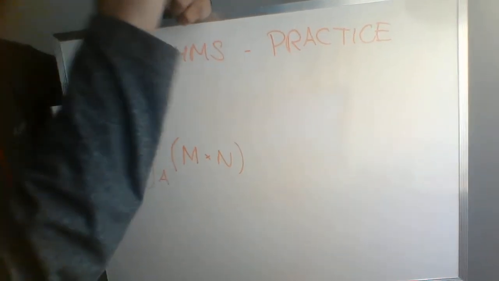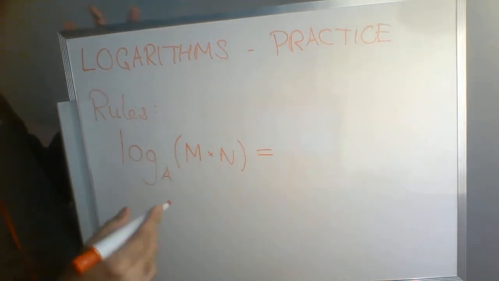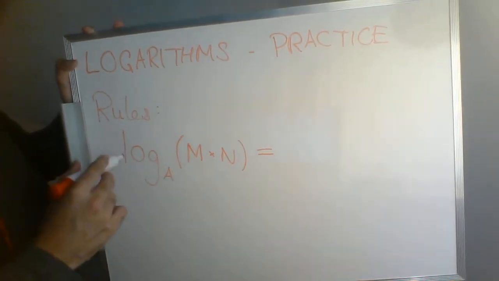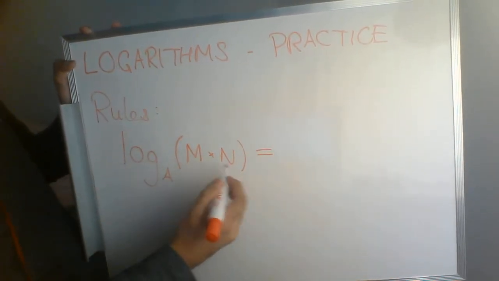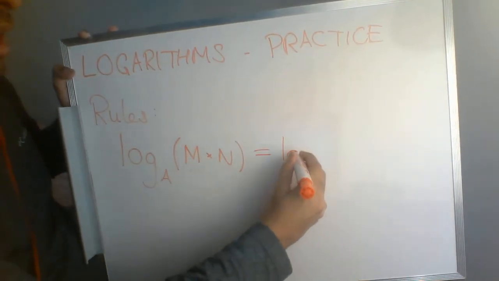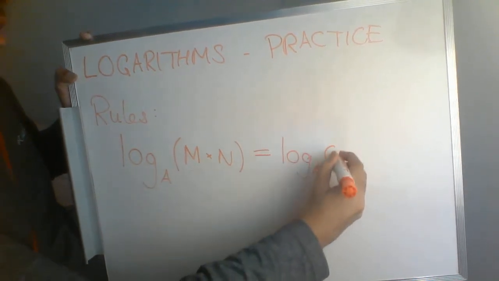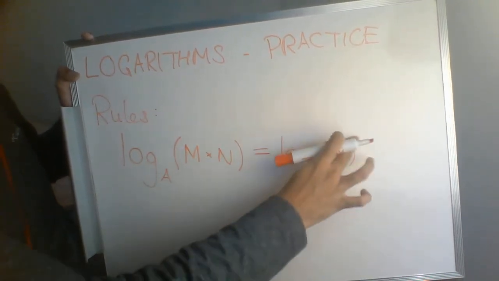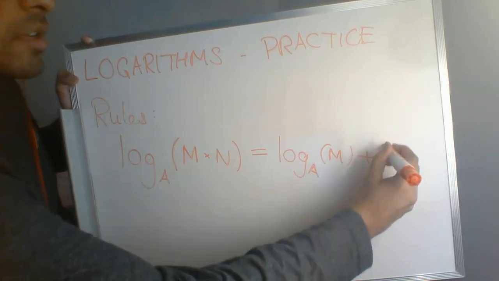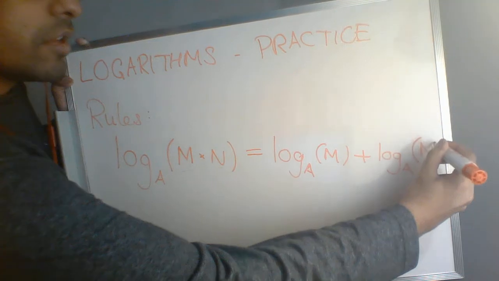So what this is equal to, and this is sort of a neat trick with logarithms, is that log base a of m times n, so two different things being multiplied together, is the same as logarithm base a of m, just m, plus logarithm base a of n.